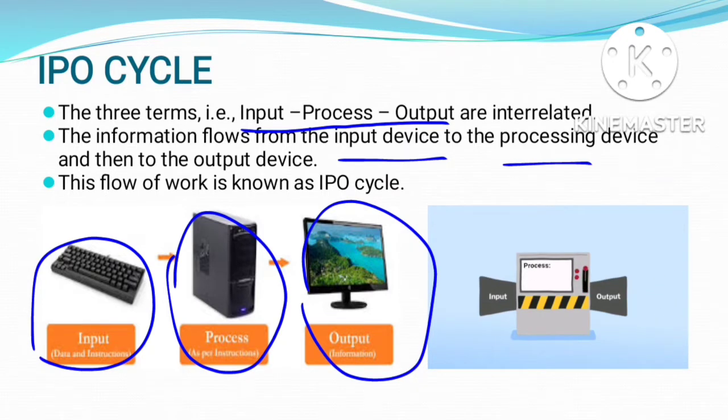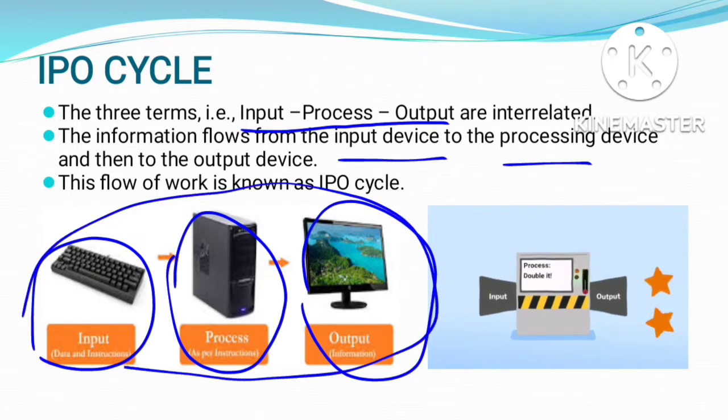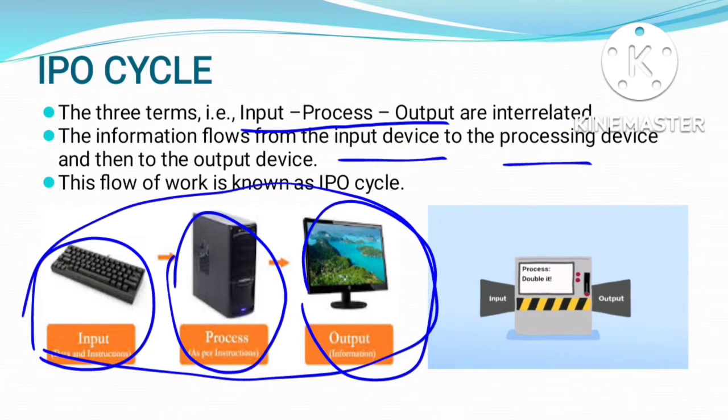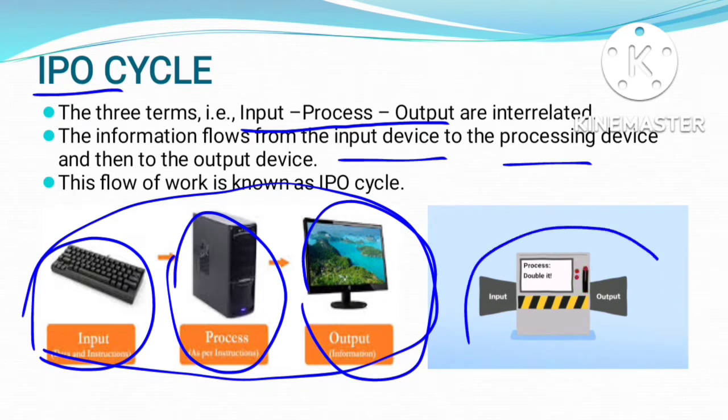So this is a cycle, right? This cycle is known as the IPO cycle, that is input, processes and output. Hope this is clear for you.